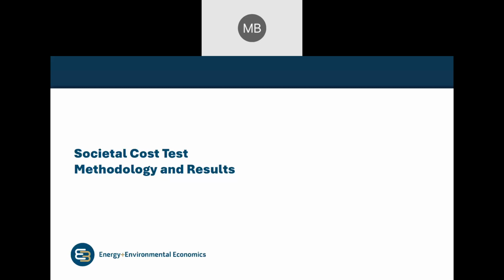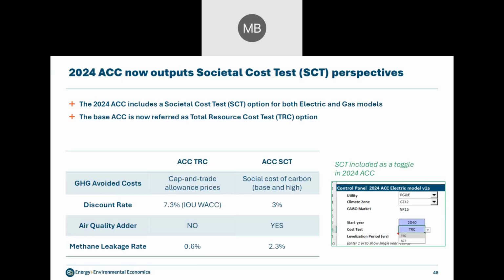Right, let's go to the next slide. I want to give a bit more context on the difference between the TRC and SCT. The ACC we had been updating until this cycle was mainly from a total resource cost, or TRC, perspective. This represents the avoided cost from California as a state perspective.